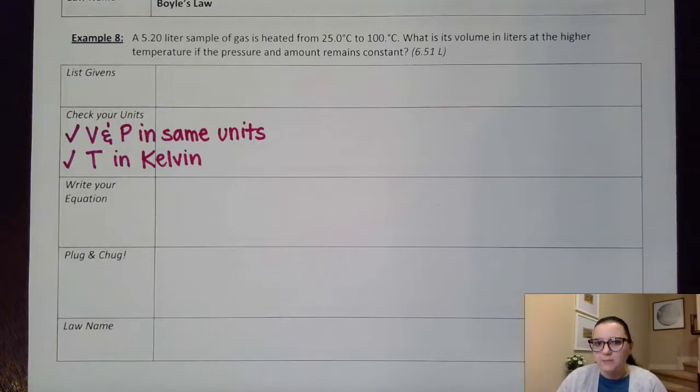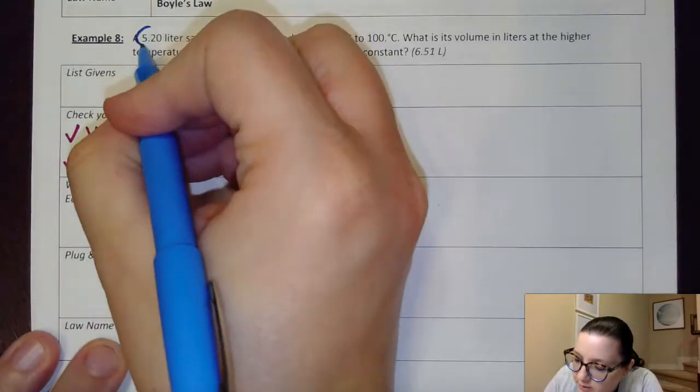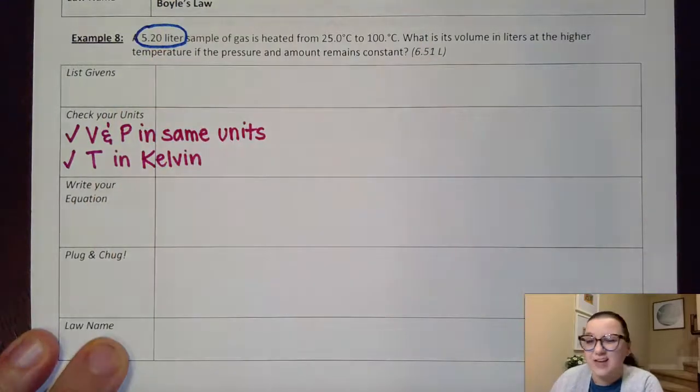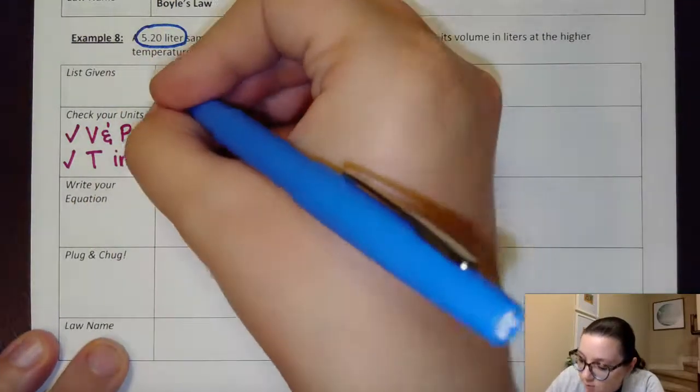The first thing I'm going to do is look for any numbers they give us in the problem, and also for a how much, what is, how many kind of statement. What exactly am I trying to solve here? The first number I see is 5.20 liters. I recognize liters as being a volume.